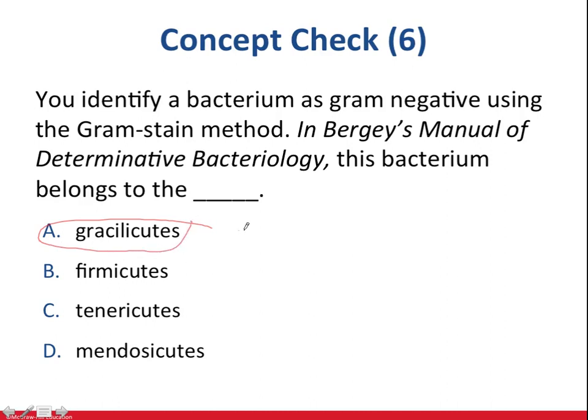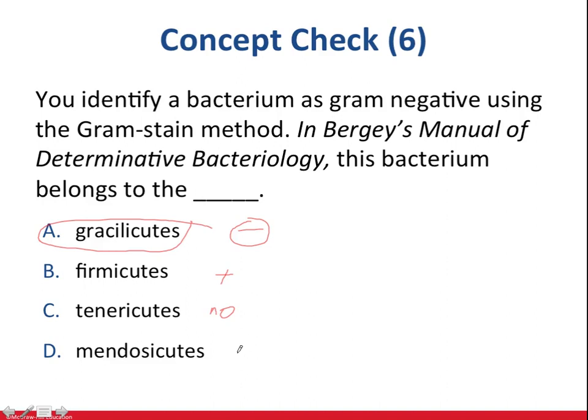Gracilicutes means gram-negative. Firmicutes means gram-positive. Tenericutes cannot be stained by the gram dye, so it's not that. It's also not acid-fast; acid-fast bacteria are like Mycobacterium tuberculosis.